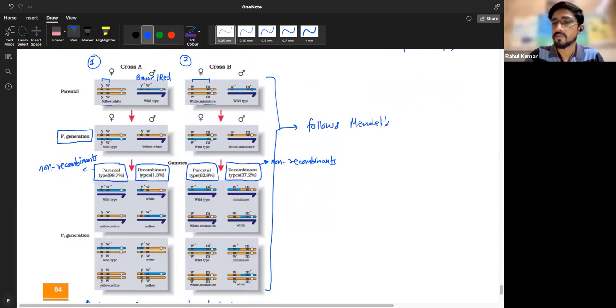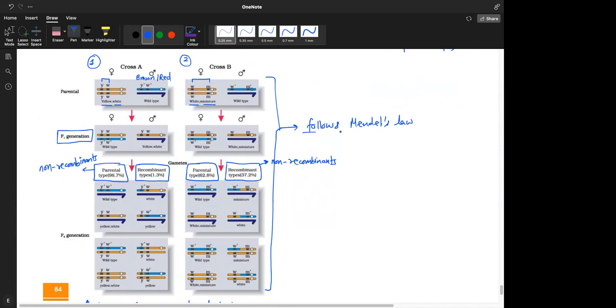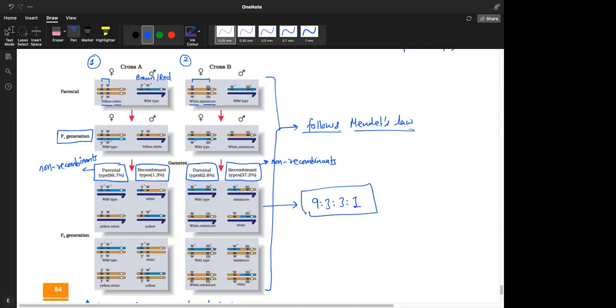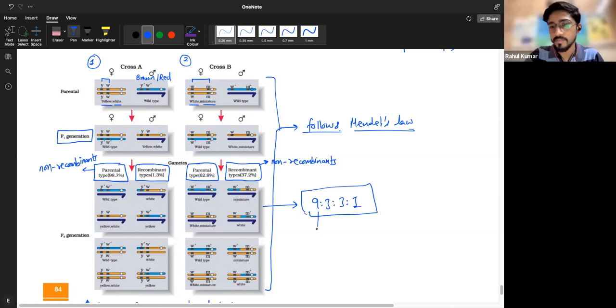And how can I say that this follows Mendel's law? Because in Mendel's law, in this F2, the ratio should be 9:3:3:1, right? And in this one, this 9 and this 1 are parental, and this 3 and this 3 is recombinant, right?